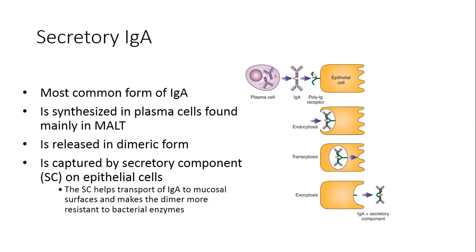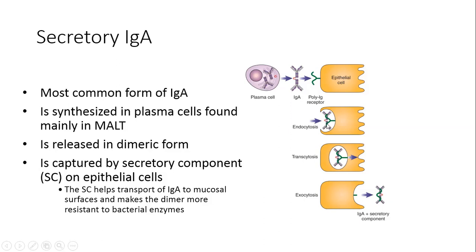And what happens is the IgA dimer that we see here with the joining chain gets captured by receptors on epithelial cells called the secretory component. So this secretory component has receptors for IgA molecules, IgA dimers, and they bind together.